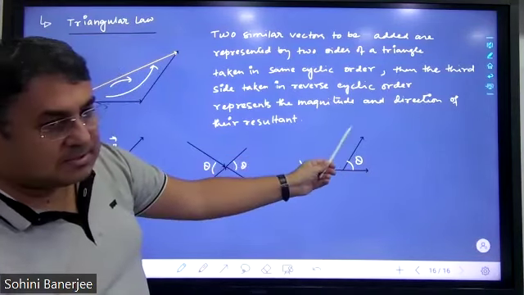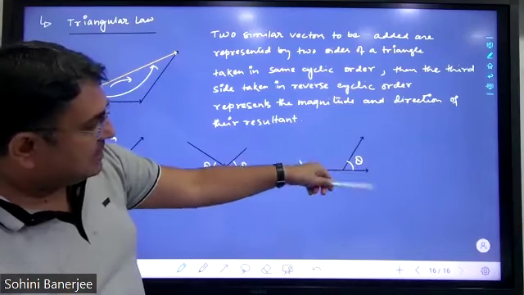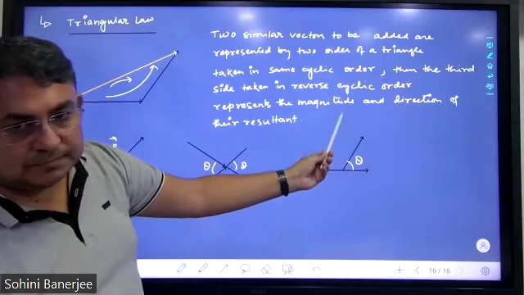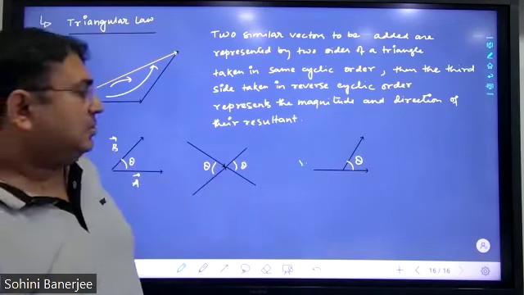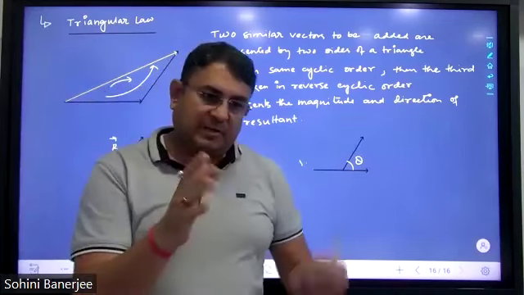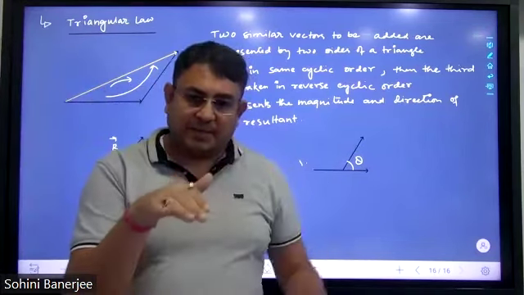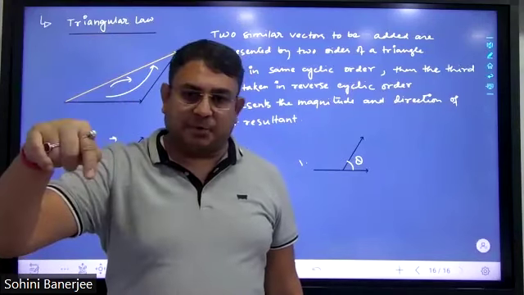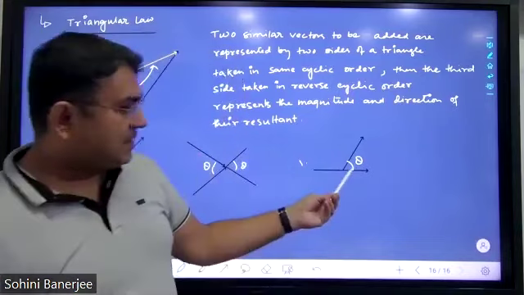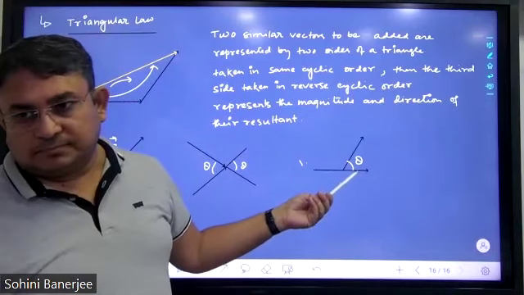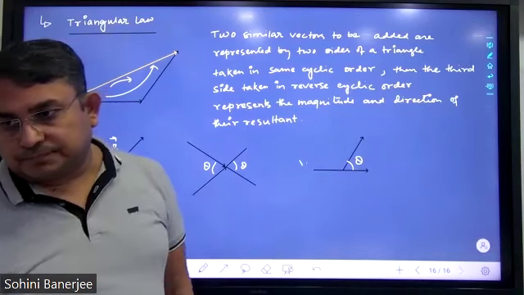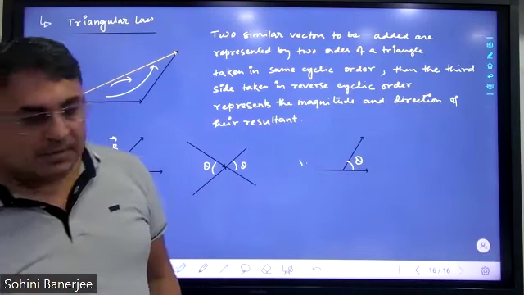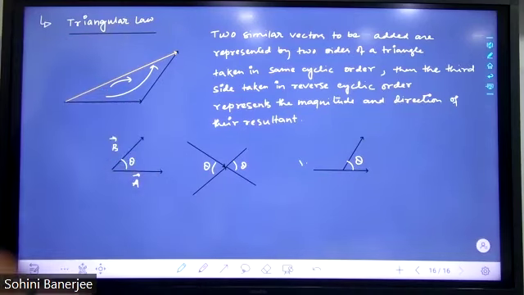So from A to this, this angle means the exterior angle is to be shown. Here, the angle between two vectors when they are co-initial or co-terminal is easy to understand. But when the head of one and the tail of the other are at the same point, this angle is the exterior one. Understood? Clear? So here also, which angle? Exterior.